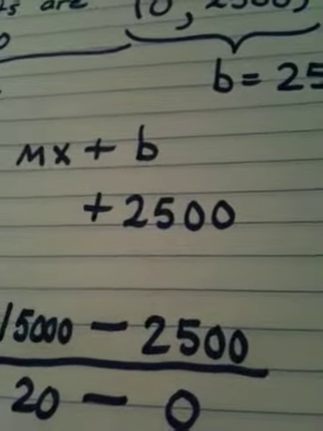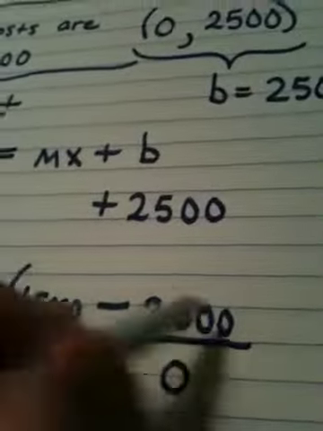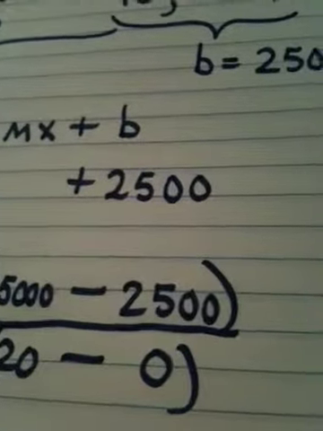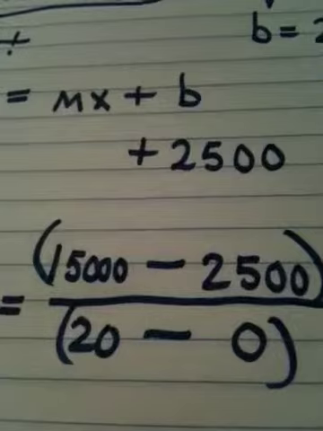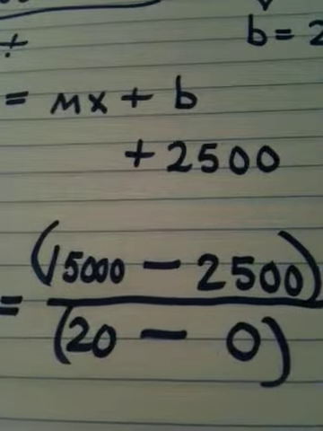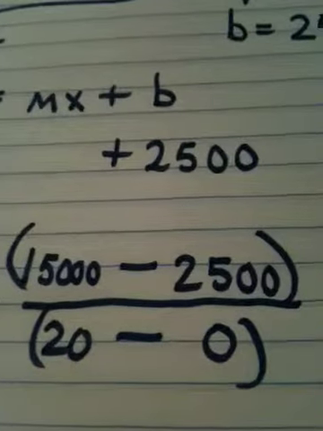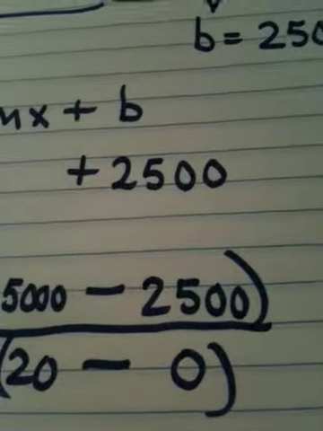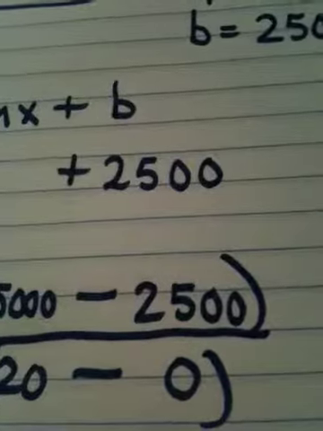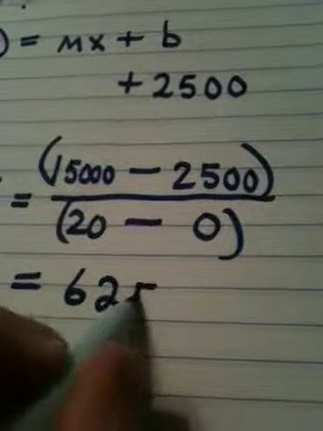So, I'm going to go ahead and calculate what this number would be. Let me grab my calculator, turn it on, clear it out. I'm going to type left paren 15,000 minus 2,500 right paren divided by left paren 20 minus 0 right paren, and hit enter, and I get the answer 625.